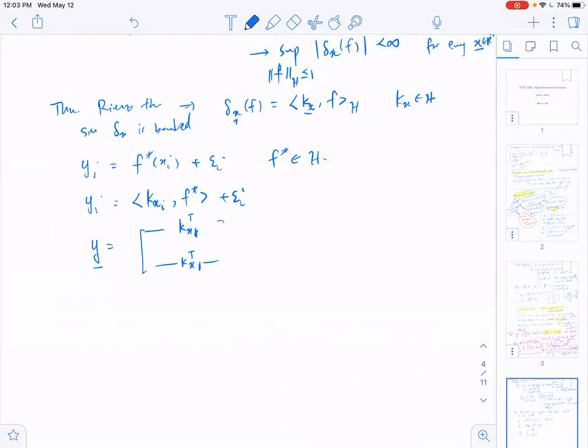What we're doing is, when you multiply this by f, you should treat the k x_i transpose f star as just meaning the inner product between these. This is n by infinite dimensional. So you can view this as just a usual linear regression, but the design is a little bit extended.